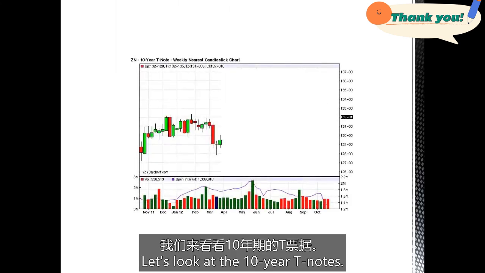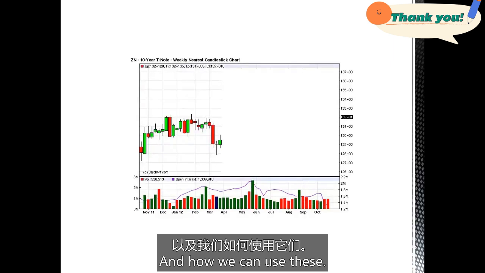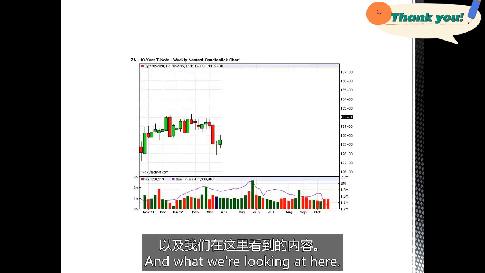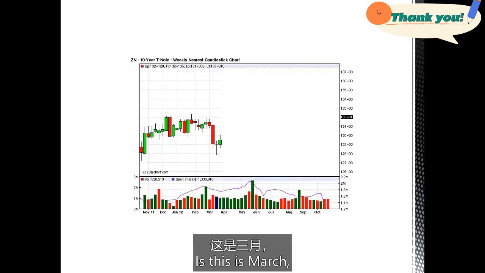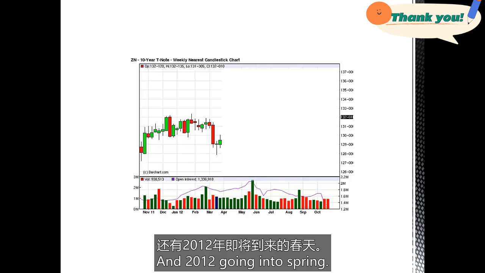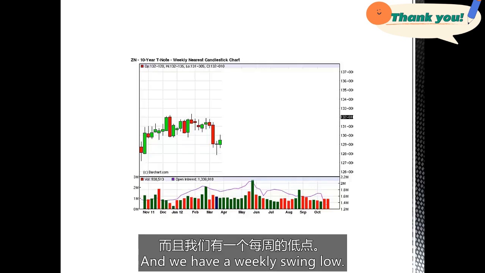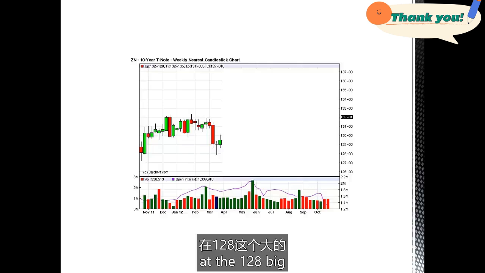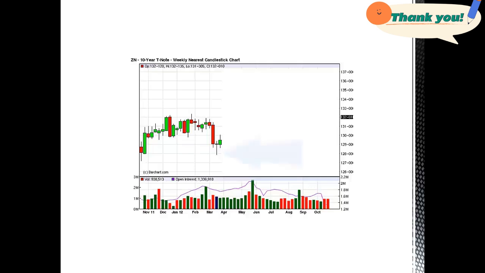Okay, let's look at the 10-year T-notes and how we can use these in conjunction with yield analysis. And what we're looking at here is March, April of this year in 2012 going into spring. And we have a weekly swing low formed at the 128 big figure for the 10-year T-note.